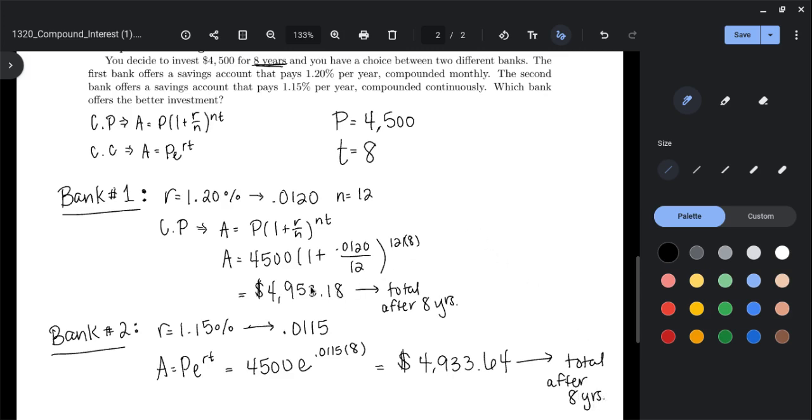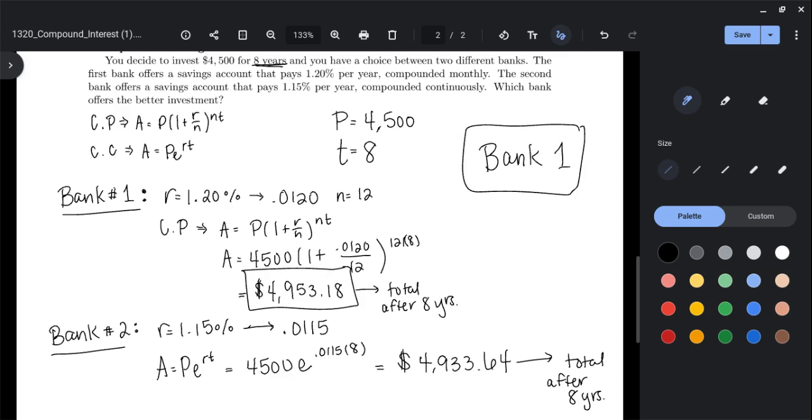So now comparing our two bank amounts after 8 years, I see that there is a difference, and Bank 1 actually is going to give us the higher value after 8 years. So in this case, we are going to want to choose Bank 1. And this is why.